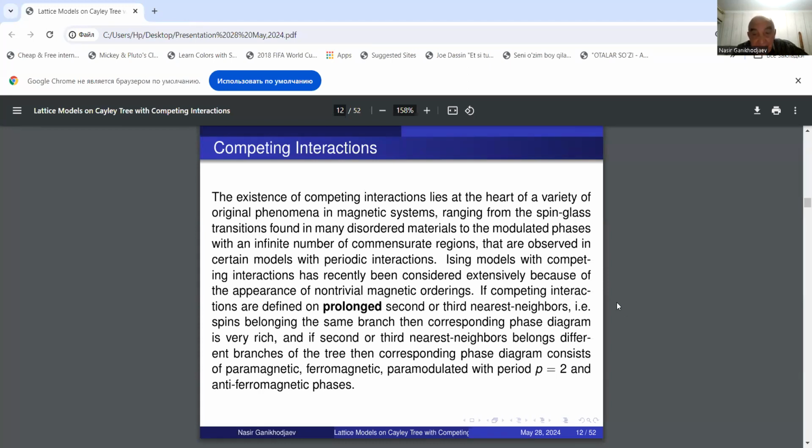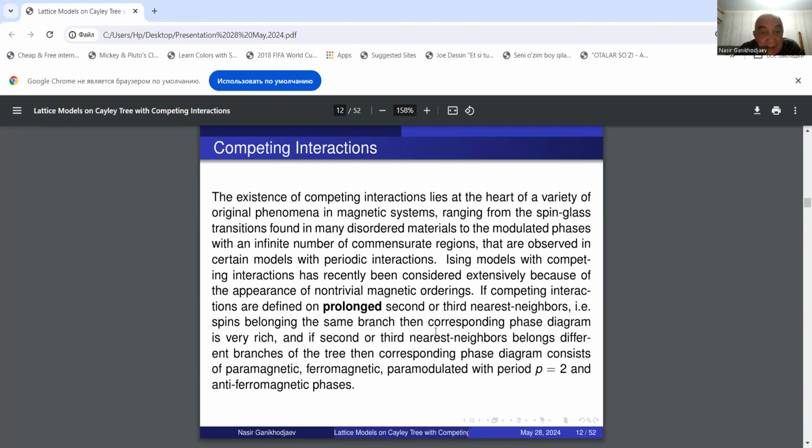And if competing interactions are defined for prolonged second neighbors or prolonged third nearest neighbors, which I will consider later, that is, we consider spins belonging to the same branch, then the corresponding phase diagram is very rich. I will show this later.